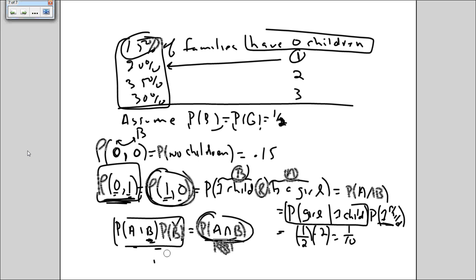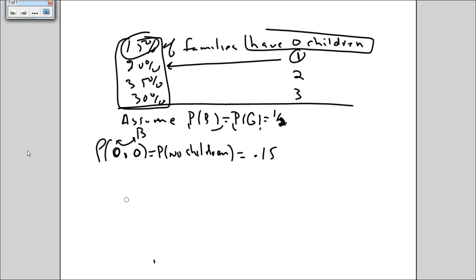If having boys and girls are equally likely, there's no reason to assume that when you see a family of 5 kids, it's more likely that they'll have 4 boys and 1 girl. It's no more likely that they'll have 4 boys and 1 girl than 4 girls and 1 boy.